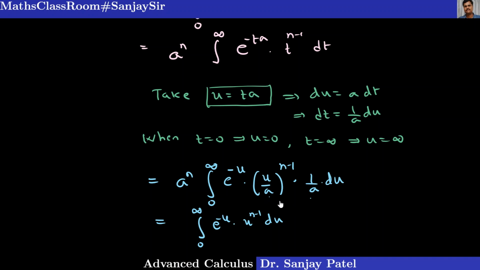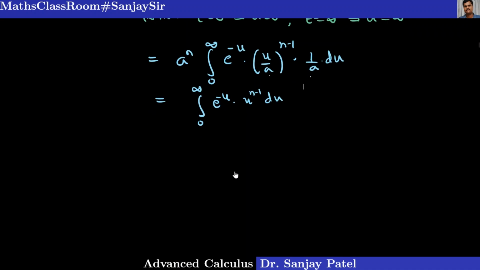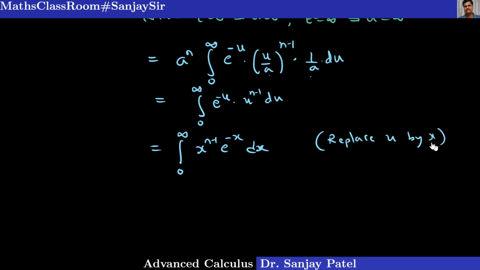That becomes a raised to n, that will be cancelled with this. And now if we replace the dummy variable u by x, what I can write is 0 to infinity x raised to n minus 1 e raised to minus x dx. Just replace u by x. So it is nothing but gamma n.